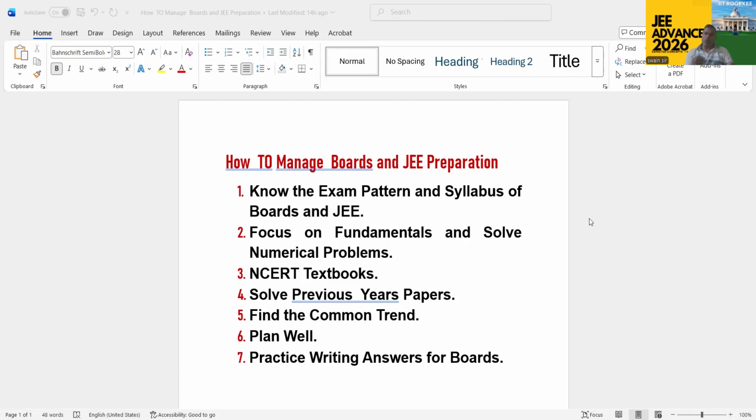So they have no practice on the board papers, and they are always practicing the JEE questions. How to write the correct answer in long questions, short answer type, 2 mark questions, 3 mark questions, where I go wrong, they are not capable of detecting that. So after all, the percentage is very low.